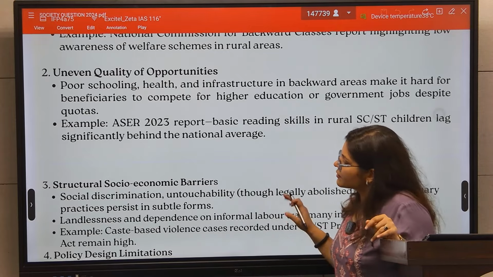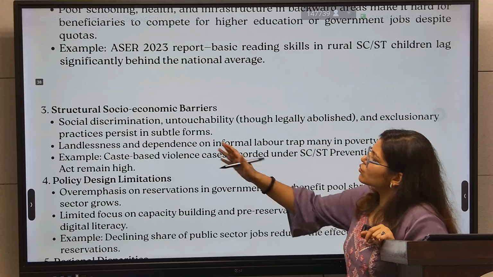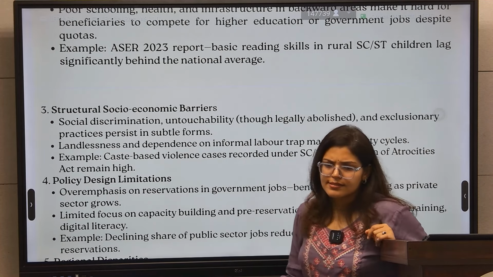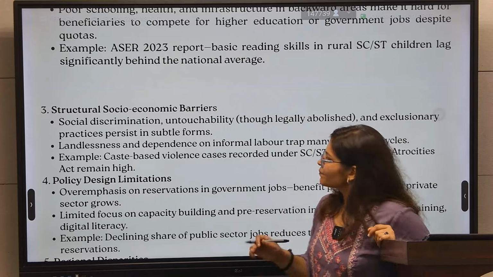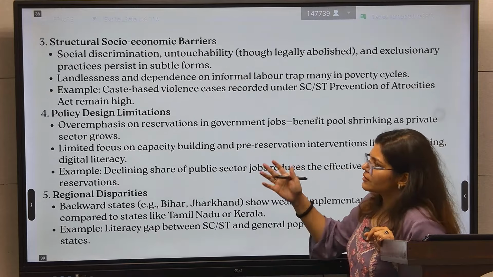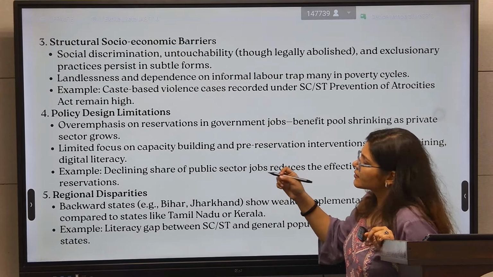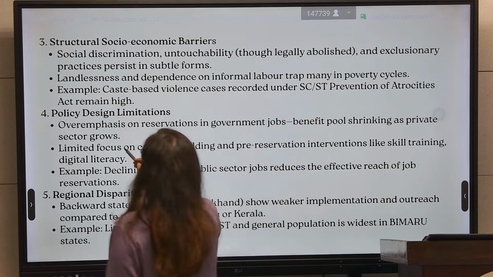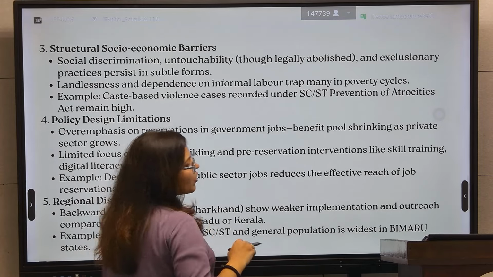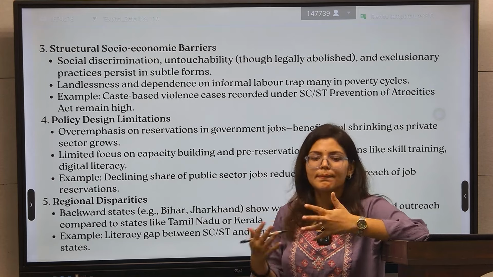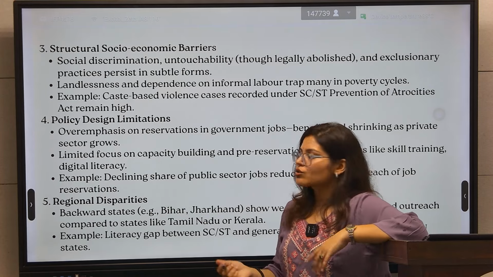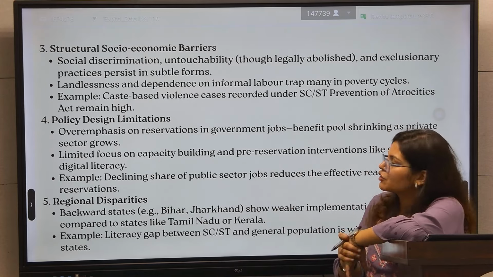So you can give this report also. Structural socio-economic barriers: there is caste discrimination, social discrimination still exists in our society. Then policy design limitation. Still the policies are for vote accumulation, not for the capacity building of the people.